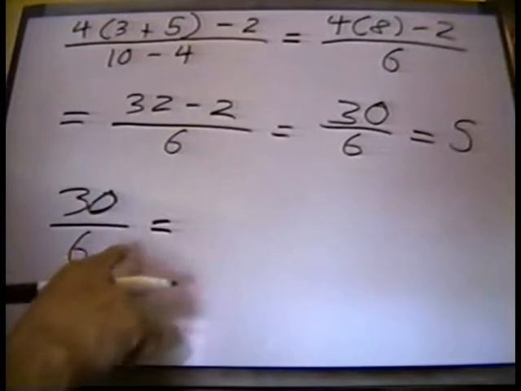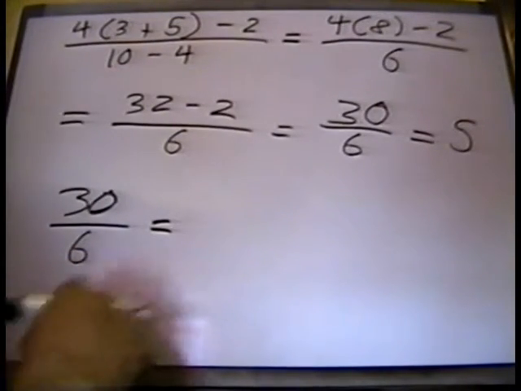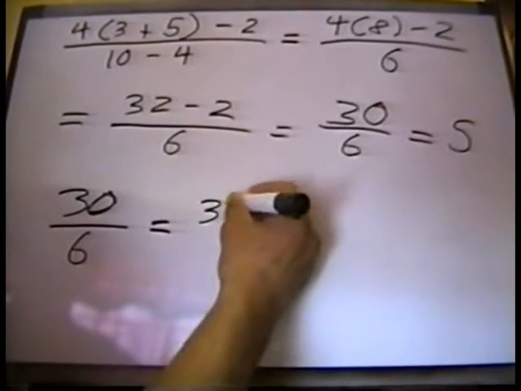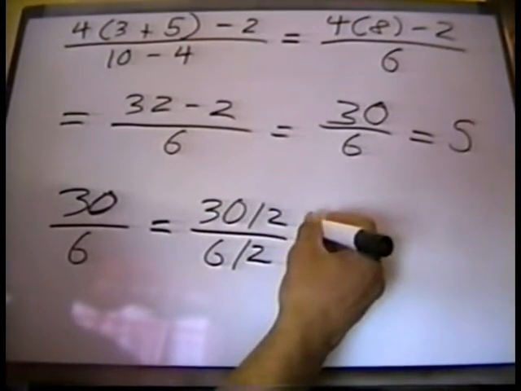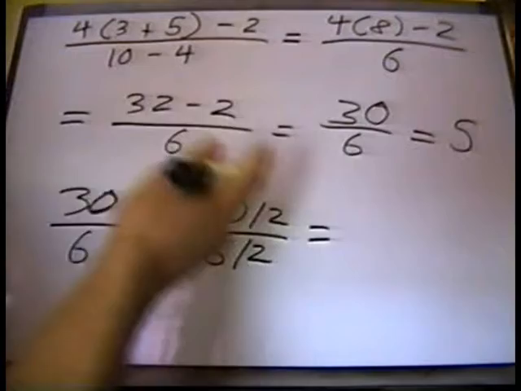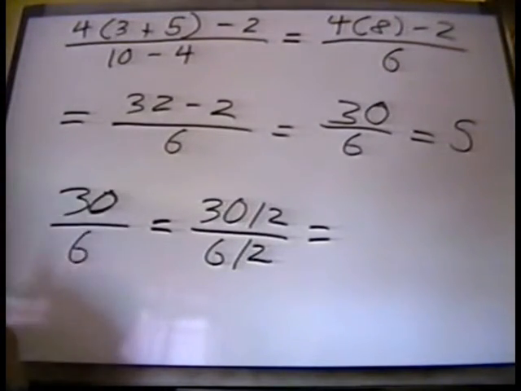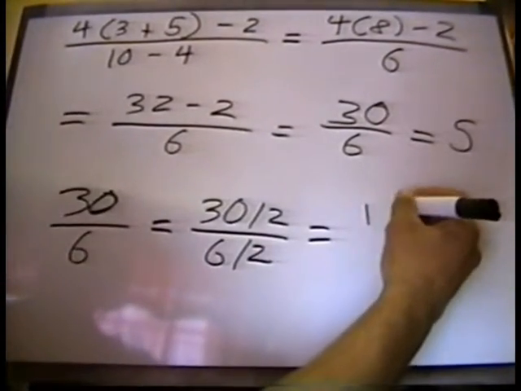If I take each and divide it by 2, I say 30 divided by 2 over 6 divided by 2. I use 2 because it's easy to remember. Just divide the number in half.